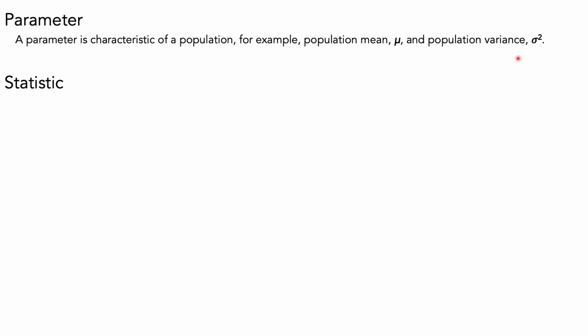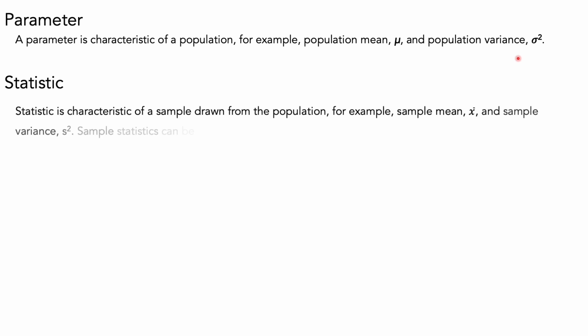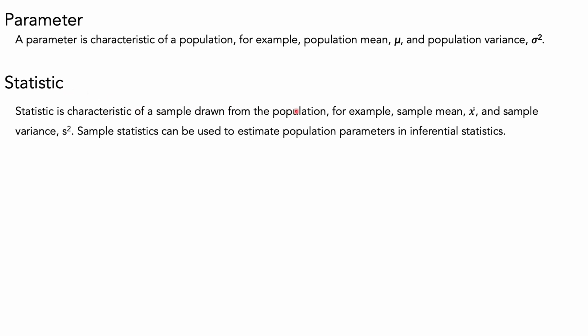Remember, a sample is a subset of the population because we select it from the population. So a statistic is a characteristic of a sample which is drawn from a population. For example, the sample mean, which is represented with x with a bar on the top, and the sample variance, which is represented with s square.